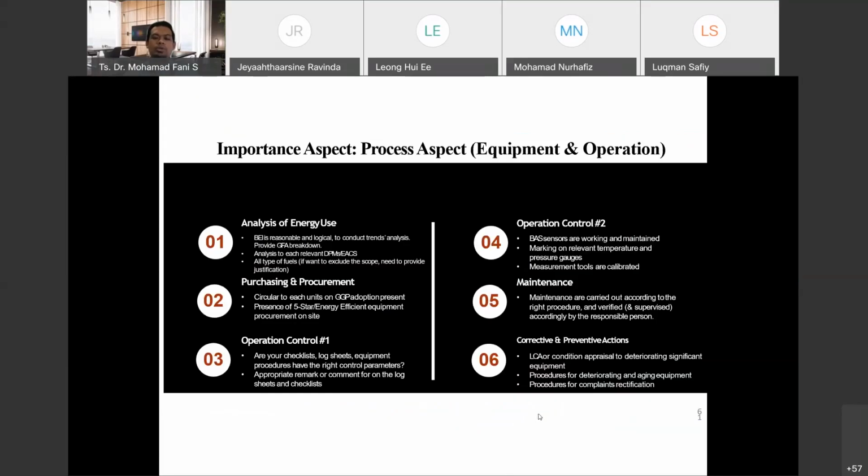Good. Okay, let's move to another aspect. The process aspect is very important because it involves equipment and operations. So how about this process? We need to analyze the energy use. Without analyzing the energy use, we have no idea how we can drive this energy management practice in UTM.